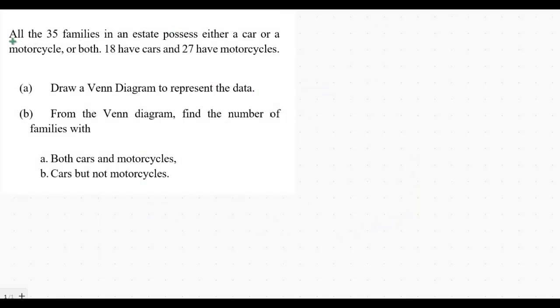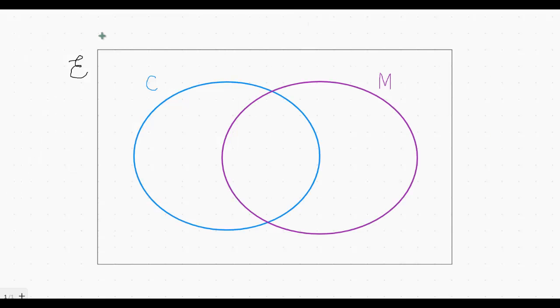From this question, let's write the information. So all the 35 families in an estate. So there are 35 families total. So let me write this information. Total number of families, that is number of elements in the universal set, are 35.